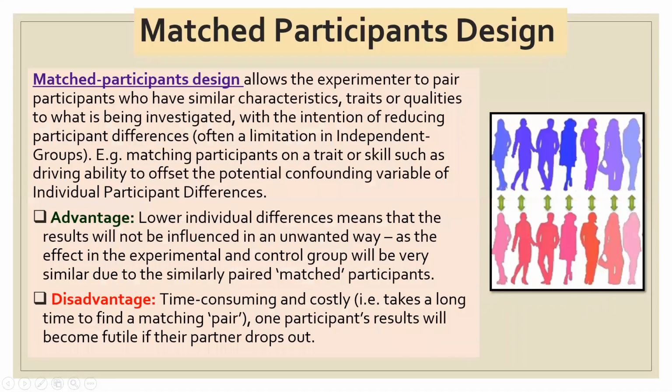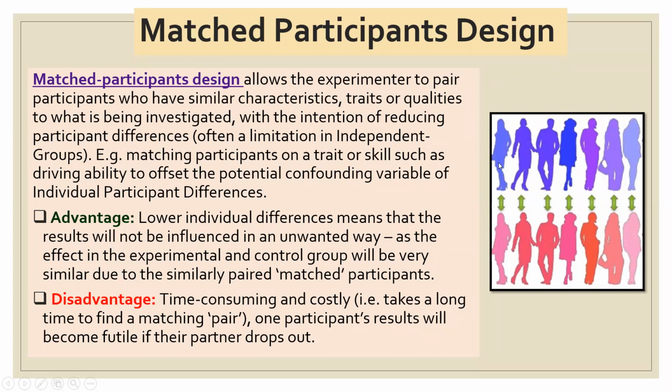Okay, the last design we go through is a little bit more straightforward. It's called the matched participants design. So matched participants design doesn't mean that you're looking for a person's identical twin. If I've got participant A here, this participant A will go through the experimental condition, but they don't go through the control condition.